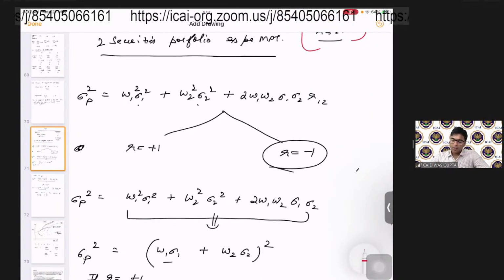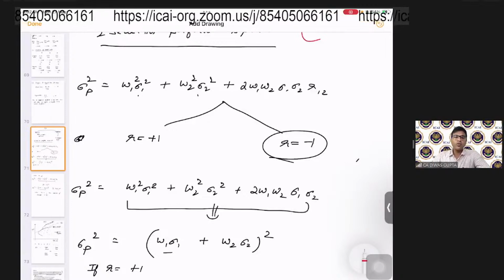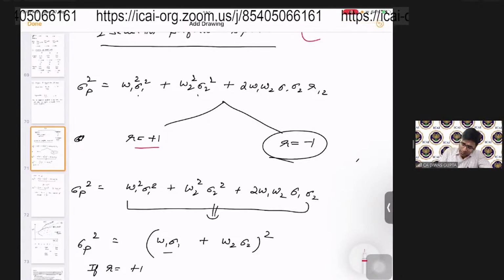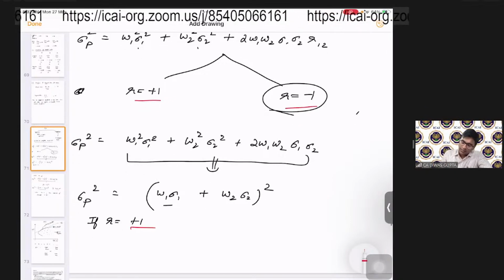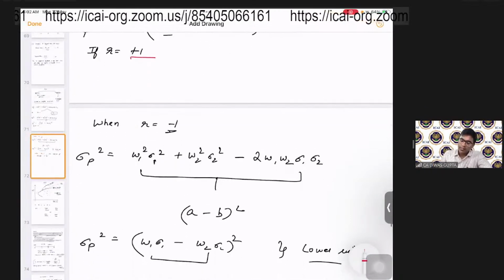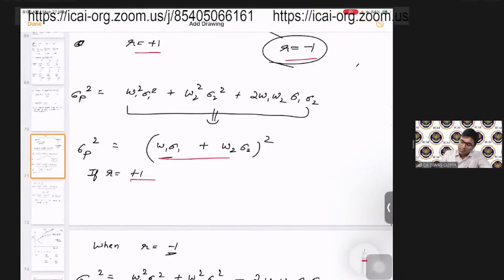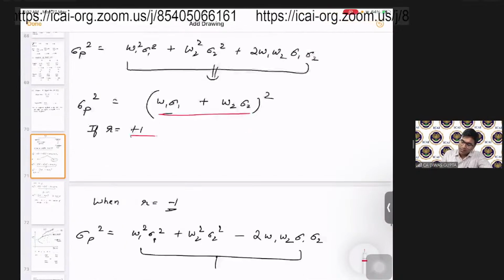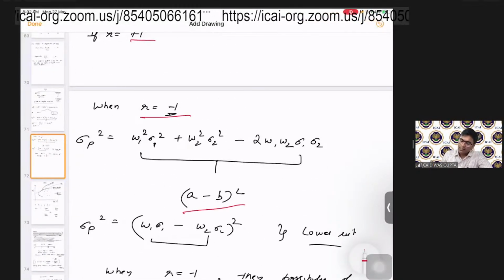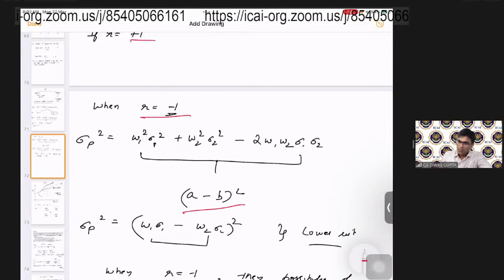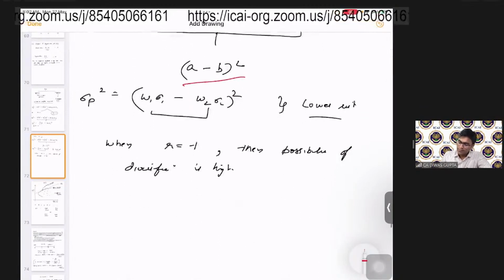And we discussed two securities in a portfolio. If r is +1, that means perfectly positively correlated, then it becomes this. And if r is -1, then it becomes (A minus B) raised to the power 2, students.